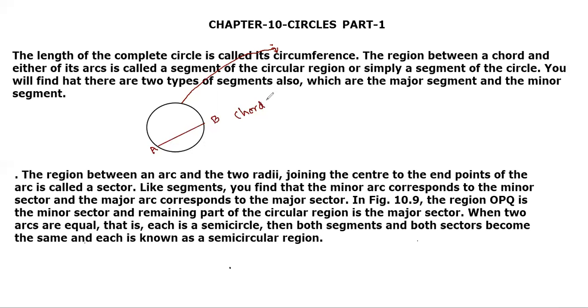So we write chord AB with a straight line because a chord is straight. When we write arc AB, we use the arc symbol over AB. Arc AB means from here to here, this part.